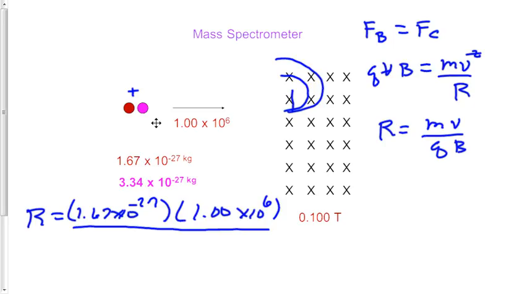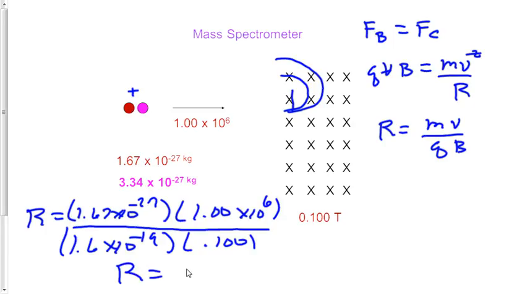Now these are hydrogen atoms, and one electron missing from that would be 1.6 times 10 to the minus 19. And then the magnetic field is 0.100. Now the radius of protium, the lighter atom, is going to be equal to 0.104 meters.